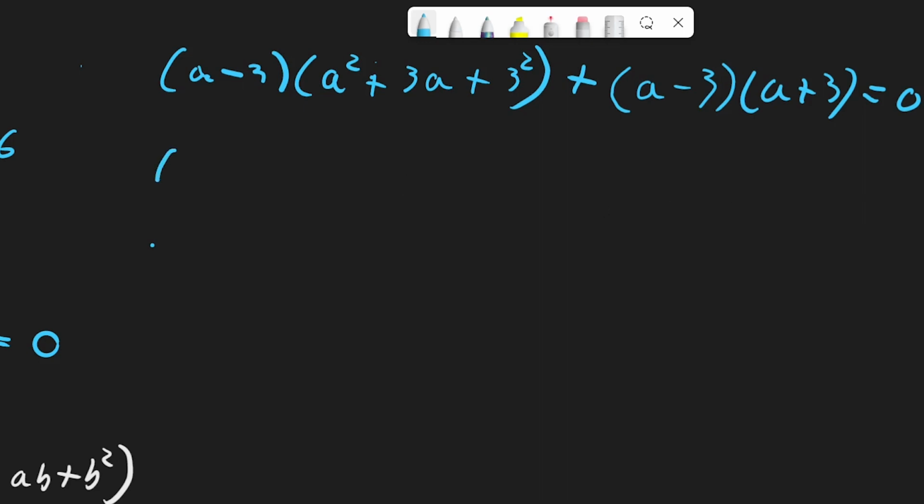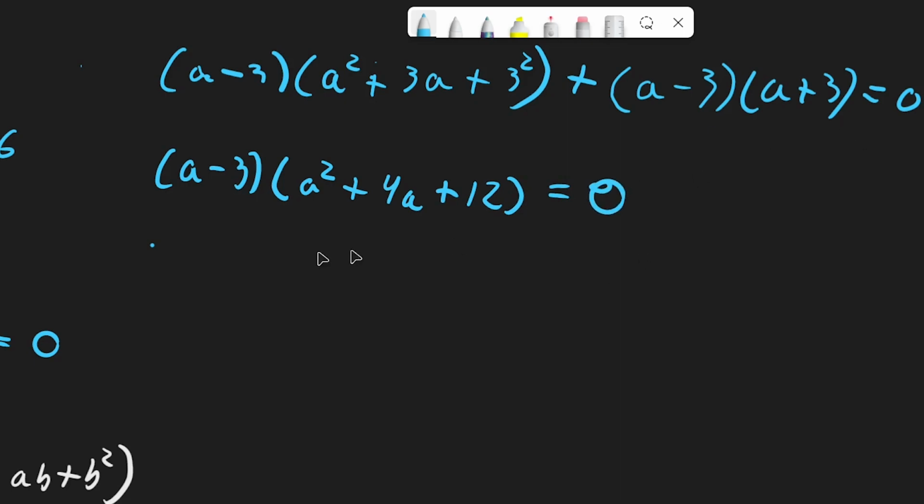So we can read this a bit differently. a minus 3 times a squared from here, so a squared plus 3a, and we can take the a from here. So the 3a plus a, that's 4a. And then we can take 3 squared plus 3, so that's 9 plus 3, that's 12. So plus 12 equals 0.